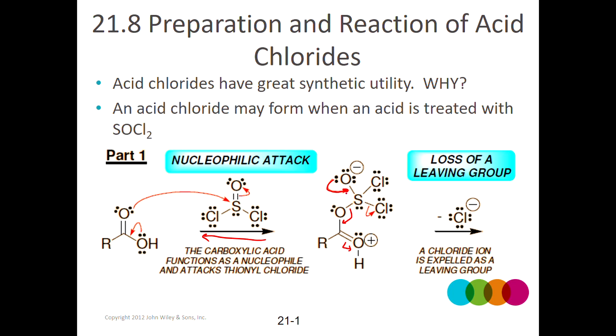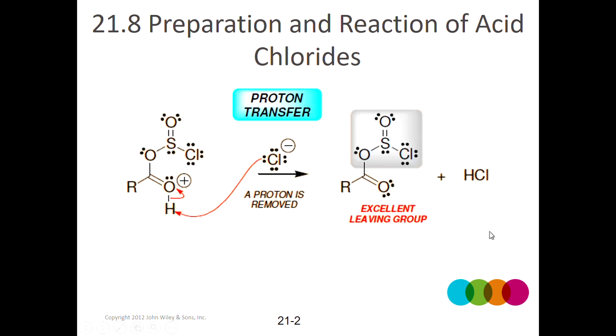But then occasionally, if the electrons swing out and push out a chloride leaving group, that's a great leaving group as well. So that helps the process go forward. So after that occurs, the next intermediate here, shown right here, the chloride can then act as a base to pick off this proton to produce another intermediate that's neutral.